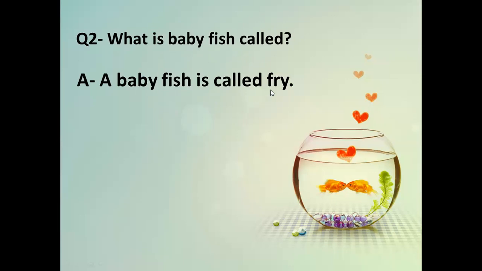For a few months it is called fry, and when they are able to reproduce, at that stage they are called adult fish. So, what is a baby fish called? A baby fish is called fry.